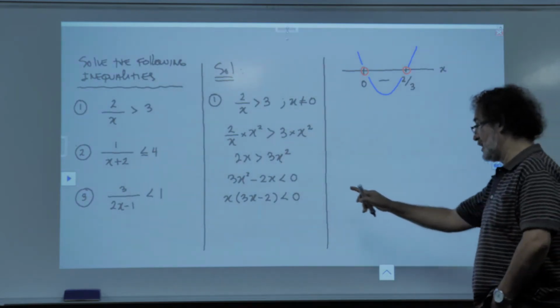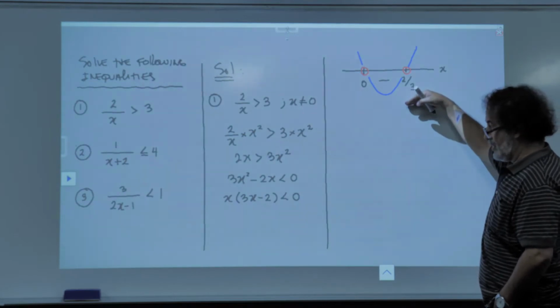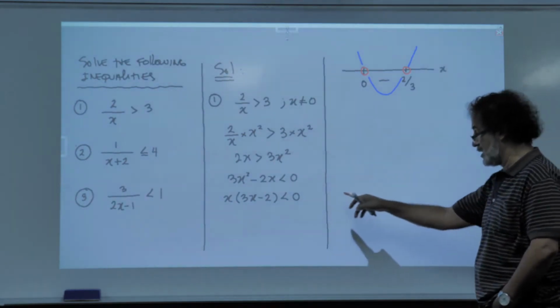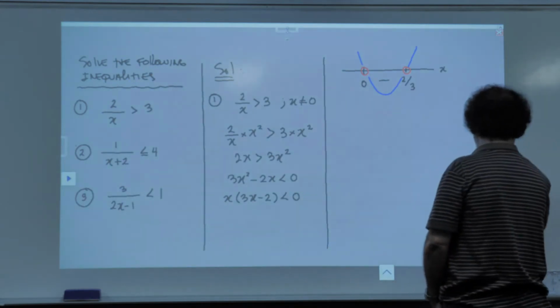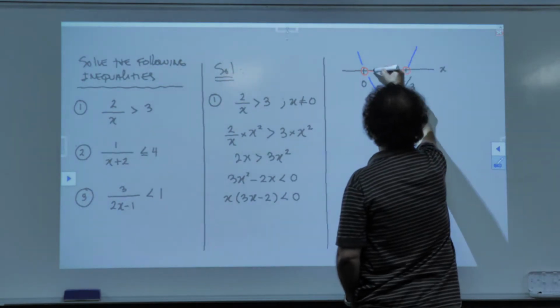Remember, less than 0 means the picture is below the x-axis, and greater than 0 means you look up. But in this case, it's less than 0, so we're going to highlight this interval.